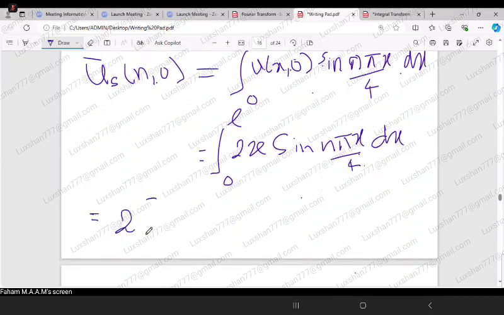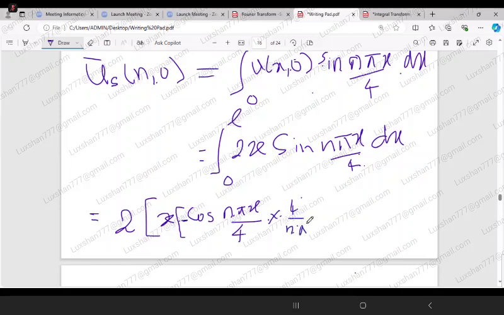So that is equal to 2 into, I'm taking x as my first function, so x into the integration of this one. So integration of this one becomes minus cos n pi x by 4 into 4 over n pi, minus differentiation of this one is 1 into, again integration of this one.